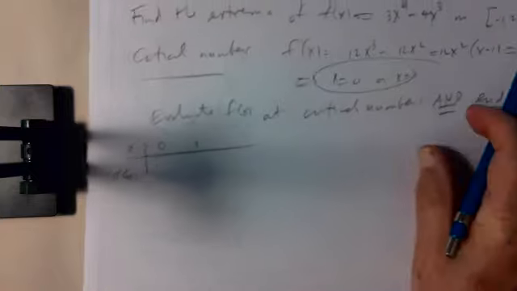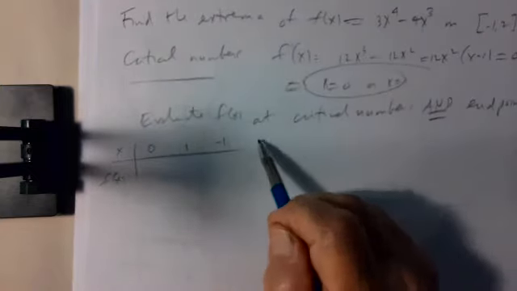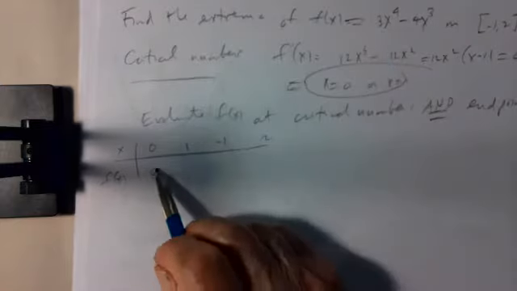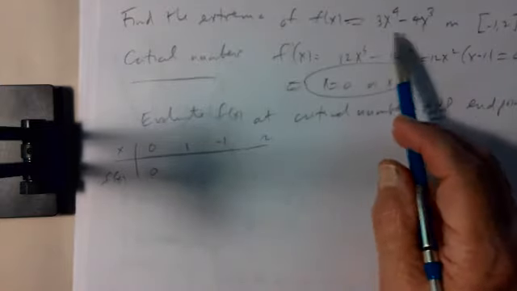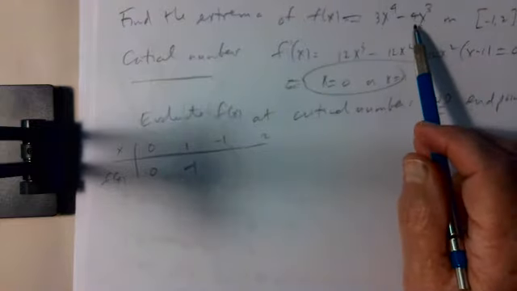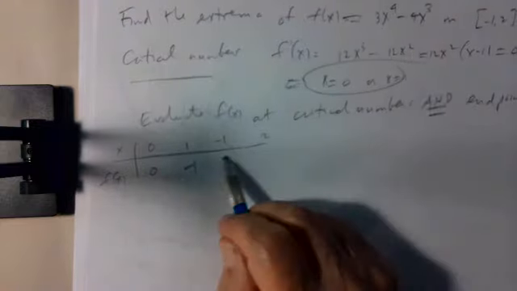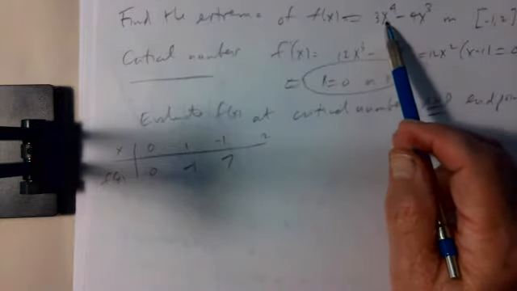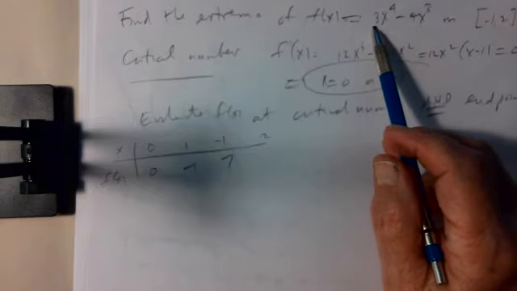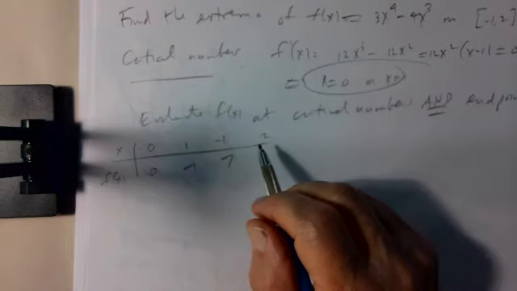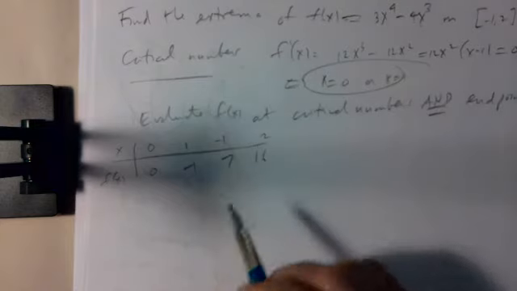The endpoints of the interval are -1 and 2. F of 0 is 0. F of 1 is -1. F of -1 is 7. F of 2, let's see, 2 to the fourth is 16, times 3 is 48, minus 32 is 16.